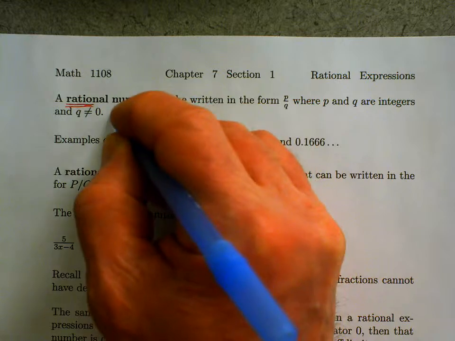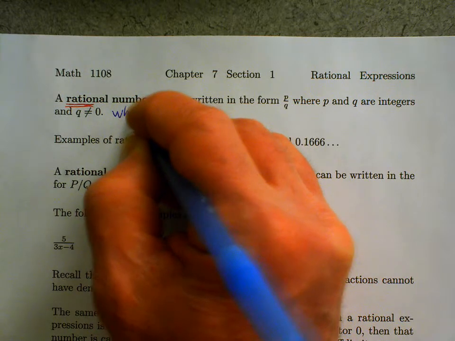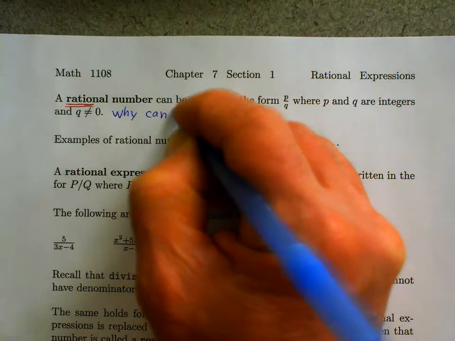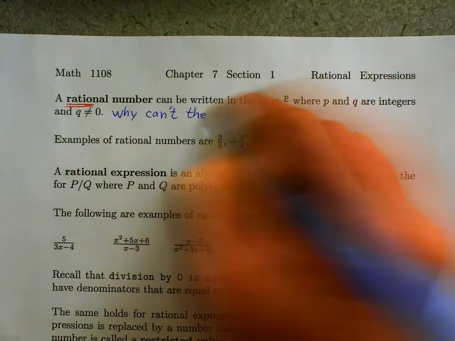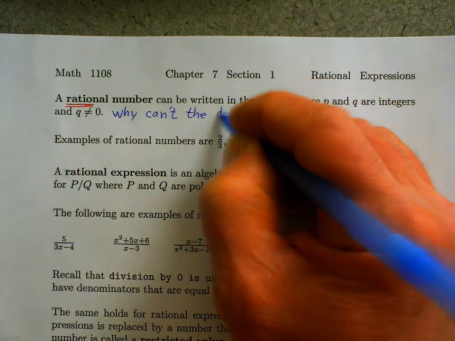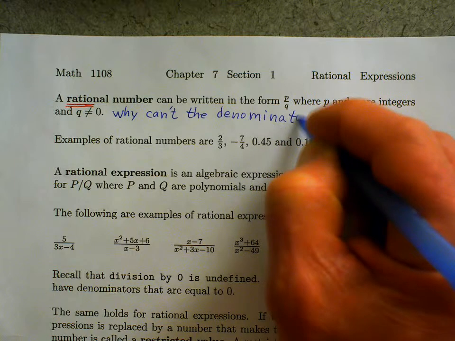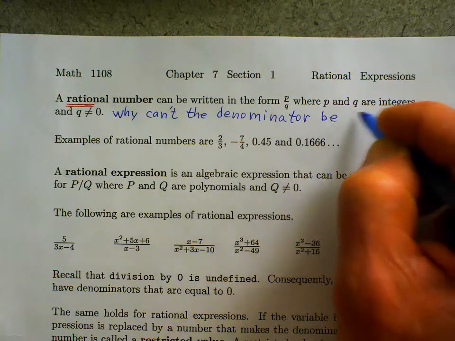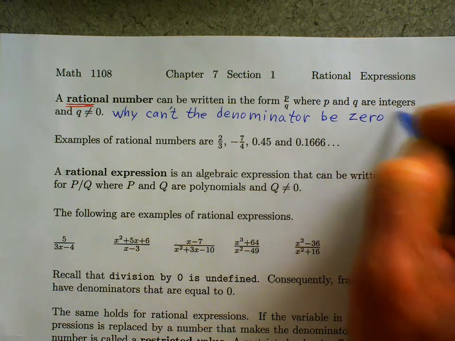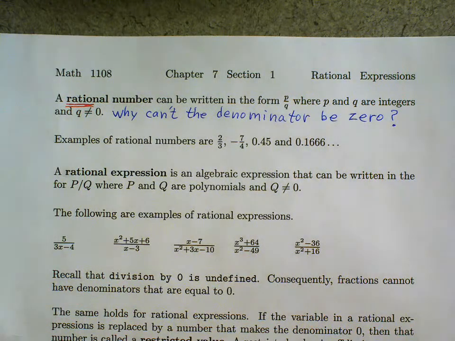Okay, so here's a question. Why can't the denominator be 0? So what's the answer?